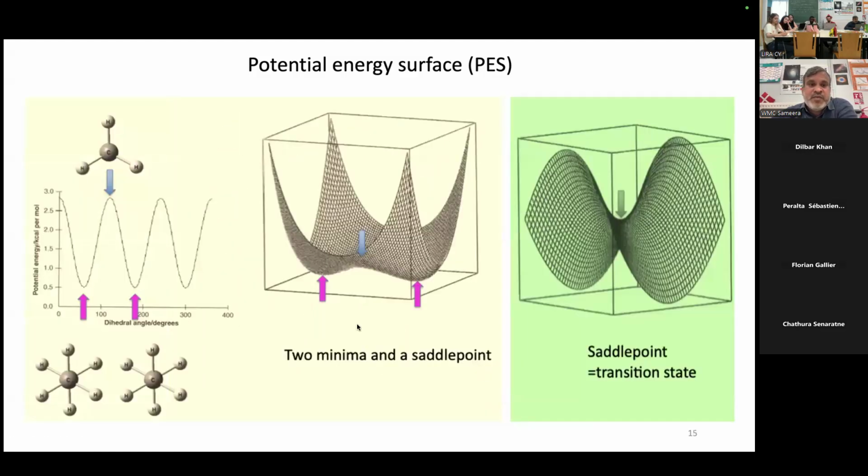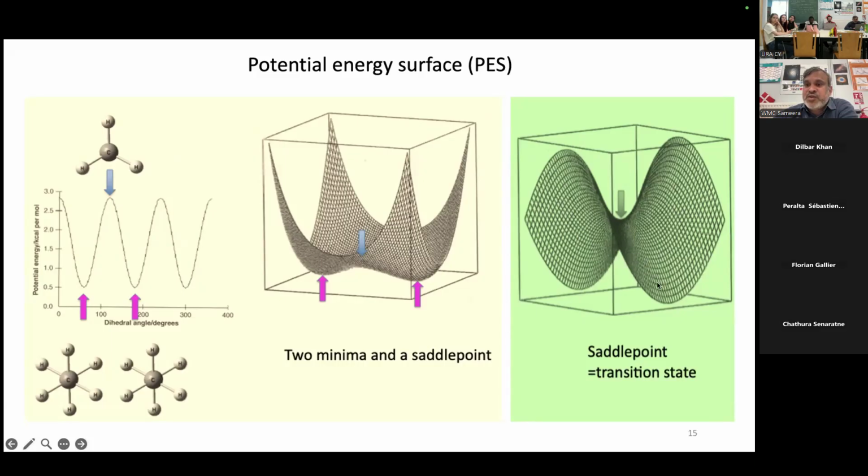This is actually a very simplified diagram, but if you want to get an idea about the three-dimensional potential energy surface, this is a cartoon, just to show you the shape. You can see one local minimum here and another local minimum there, and here is the transition state, or we call it a first order saddle point. The shape of the saddle point is like this.